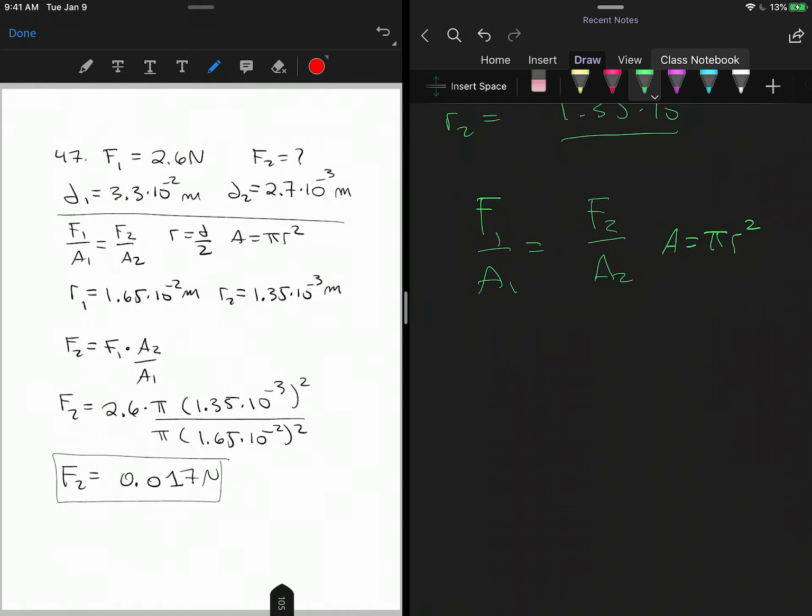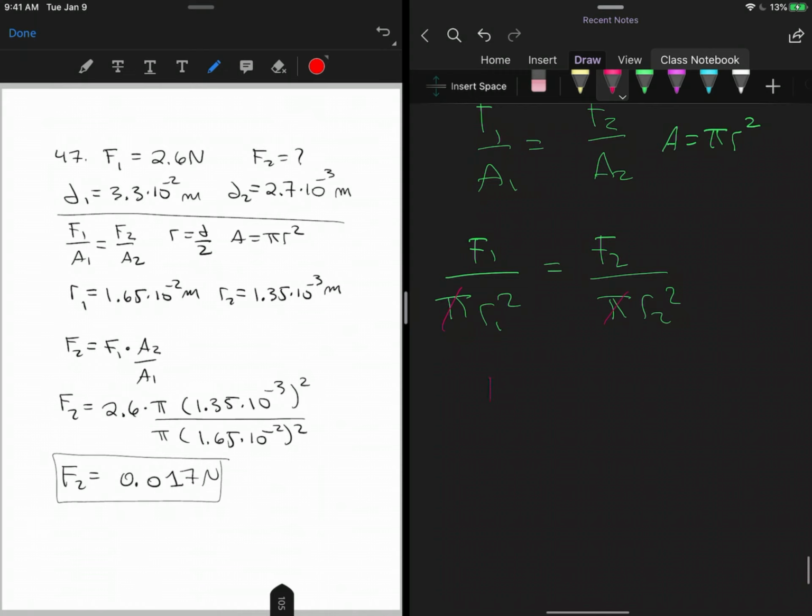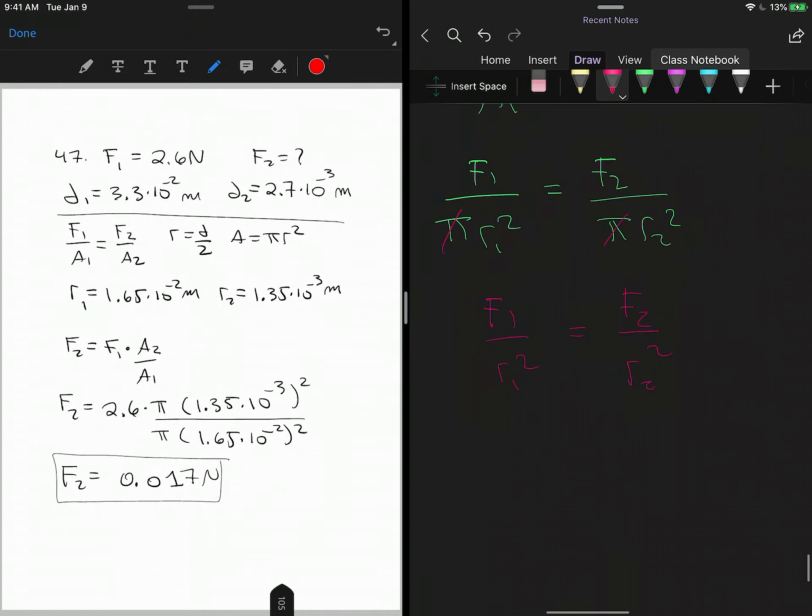The equation becomes force 1 over pi times radius 1 squared equals force 2 over pi times radius 2 squared. We can simplify this: there's a pi on both sides, so let's cancel that. You get force 1 over radius 1 squared equals force 2 over radius 2 squared.